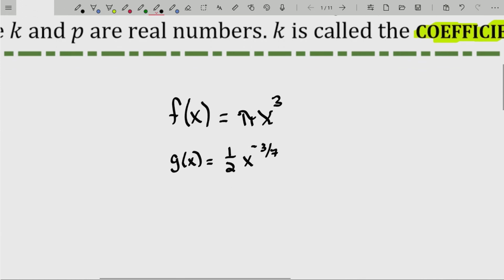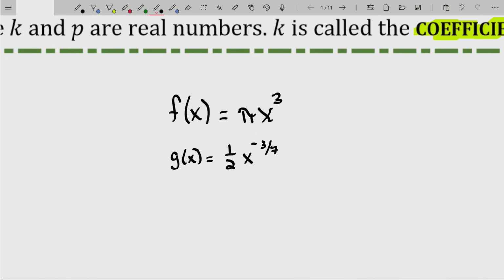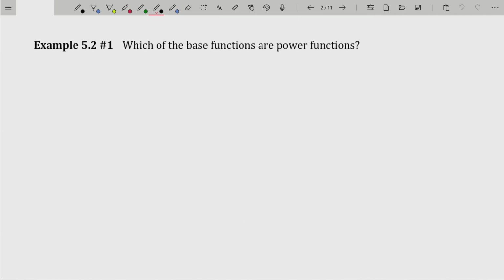That's also a power function, again because both its coefficient and exponent are real numbers. And finally, another power function, x to the pi power. There you go. The coefficient is 1 and the exponent is a real number pi. So there you go. Those are power functions.